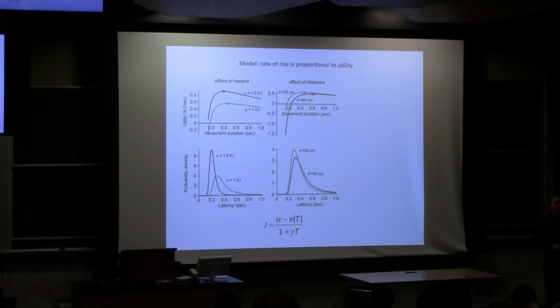Okay? And we can do an experiment. We could bring somebody to the lab and make them perform movements, but then add this inter-trial interval. So they make a movement, but then they have to wait until they make the next movement. And by doing so, what are we doing? We're adding a time to this denominator. And we're asking them to make a movement after they waited.